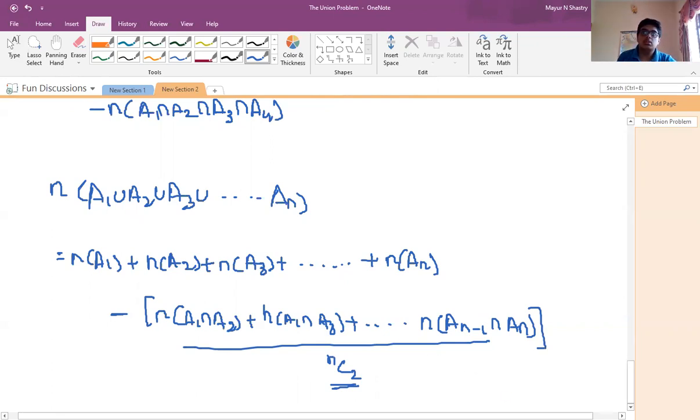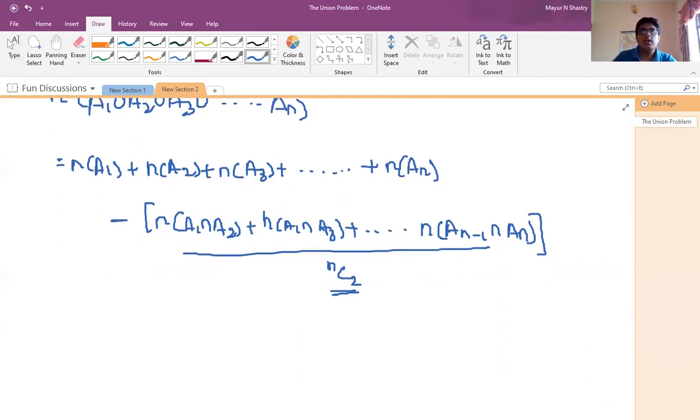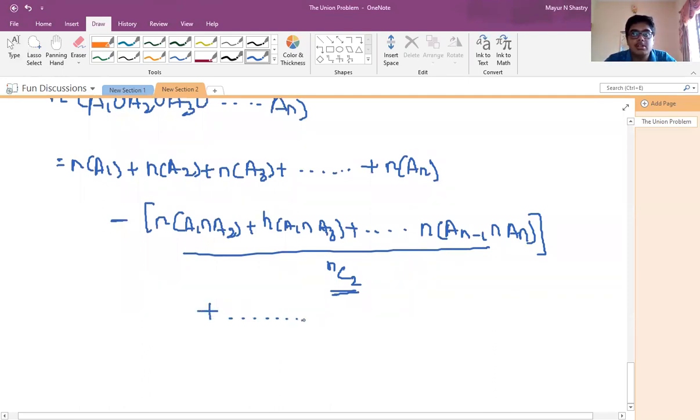And then it goes on. If we start writing this, it's going to take a lot of time. So we assume that this is in fact true, and we'll try to do it by induction.